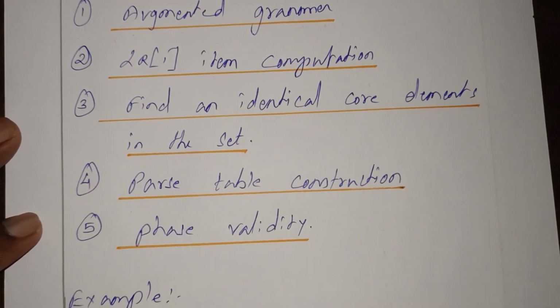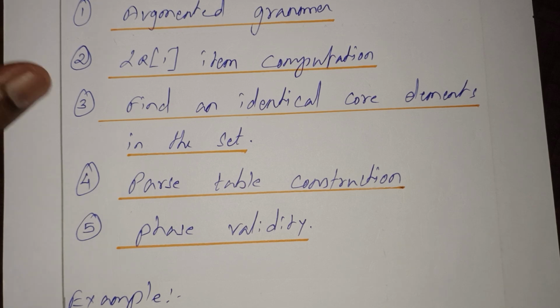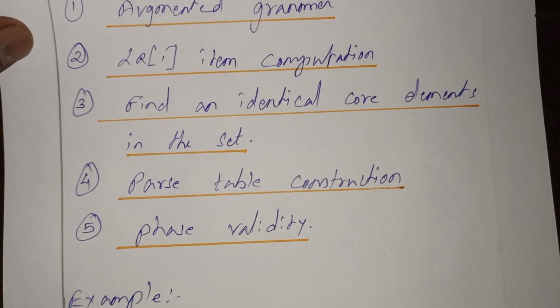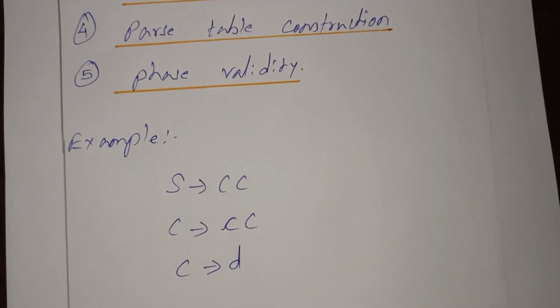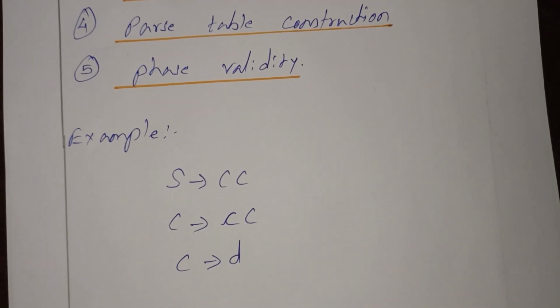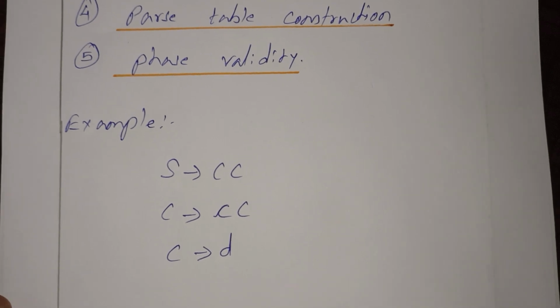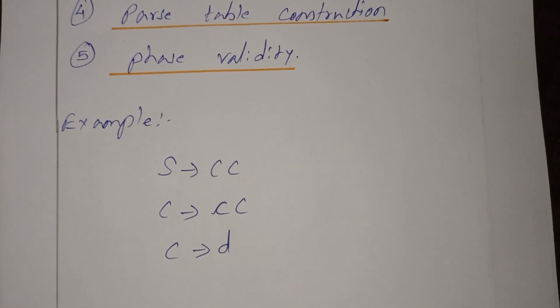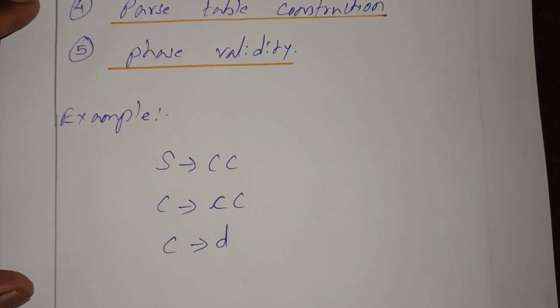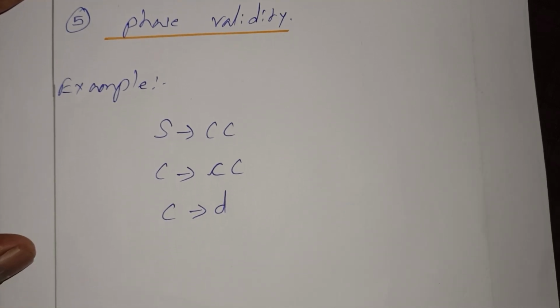All these 5 steps stand with a best example of the LALR parsing technique. This example is common to both SLR and LALR, so that you can identify what exactly the difference between LALR and SLR is.